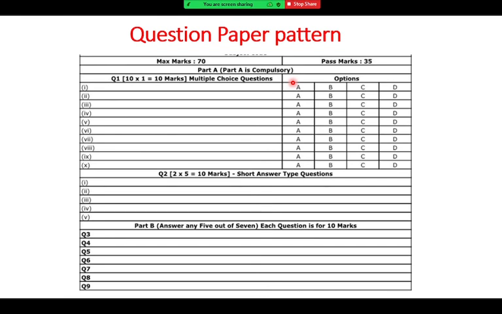Like you may have a question like this: beta function exists for, or beta function does not exist for, and you have the options positive integer, negative integer, positive fraction, negative fraction.